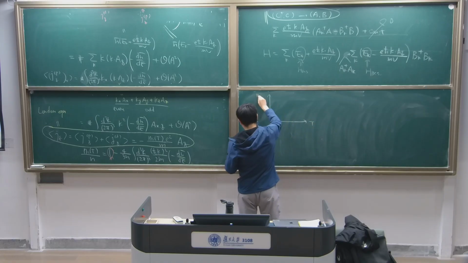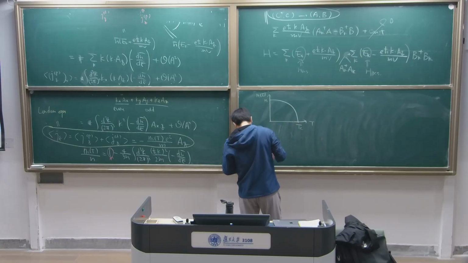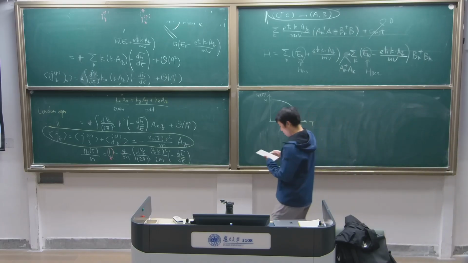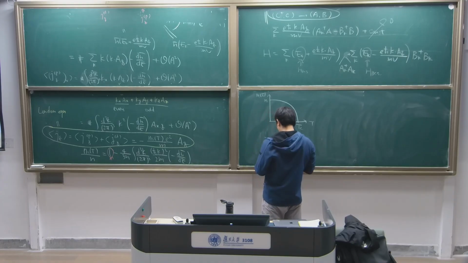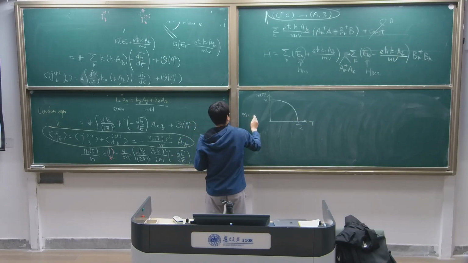This P, if we behave like this, and then this P is M. And then T equals to N. So here N is the number of states in momentum space.